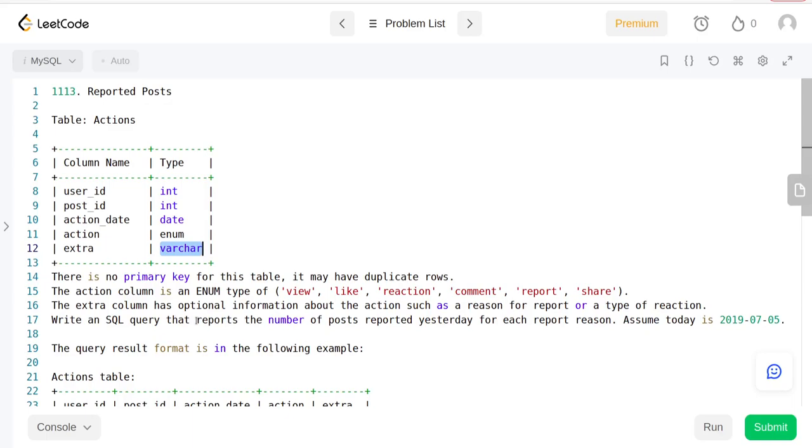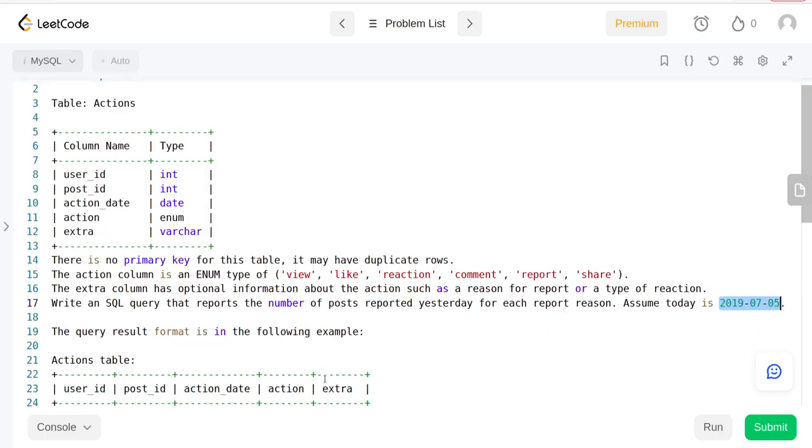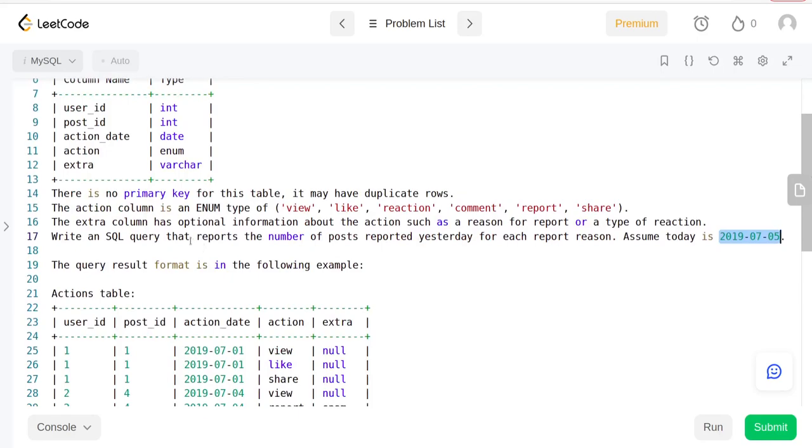What we need to do is write a query that reports the number of posts reported yesterday, and he told us to assume that today is 2019-07-05. So again, report the number of posts reported yesterday for each report reason.